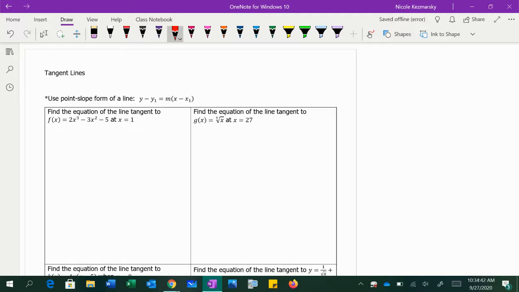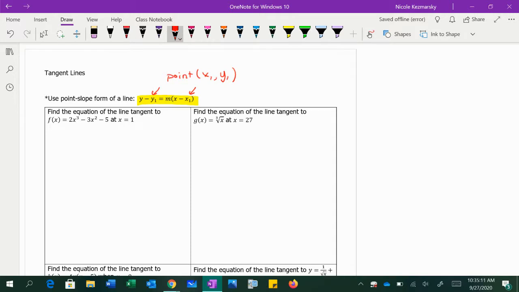We're going to use what's called point slope form, and this is point slope form. It's just another version of the equation of a line. The y1 and the x1 are your specific points. So this is the point x1, y1.